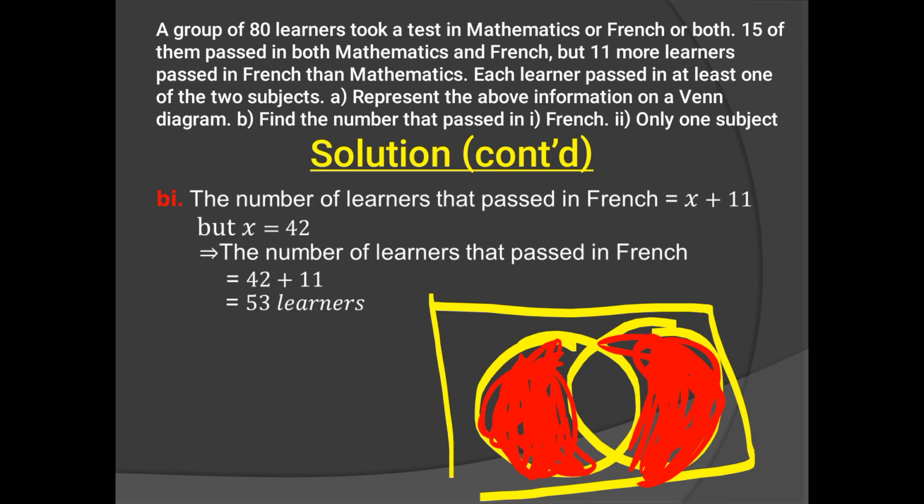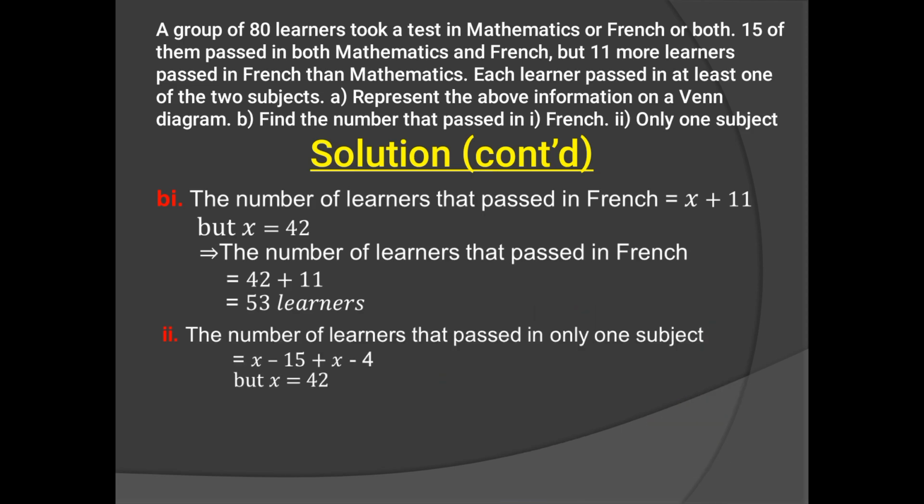So we just put them together. But we know our x now, is that not it? Great. So it becomes very easy. So the number that passed in only 1 subject is x minus 15 plus x minus 4. The x minus 15 on the Venn diagram was the half moon, the semicircle for only maths. And x minus 4 is the semicircle for only French.